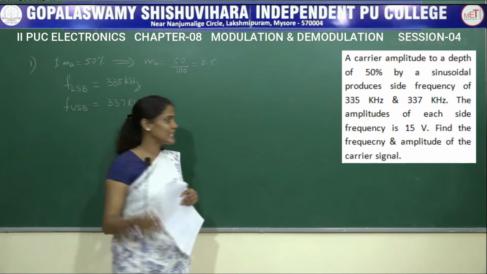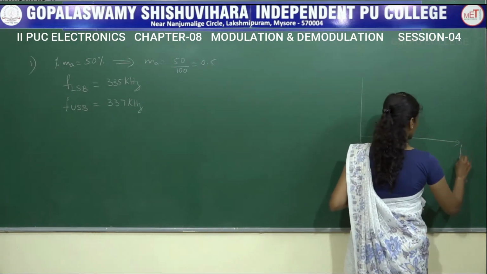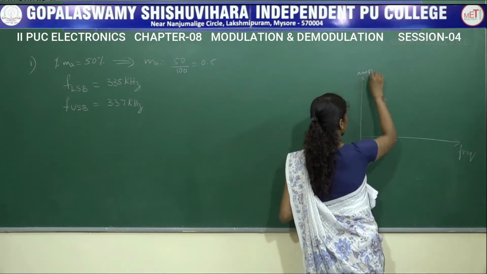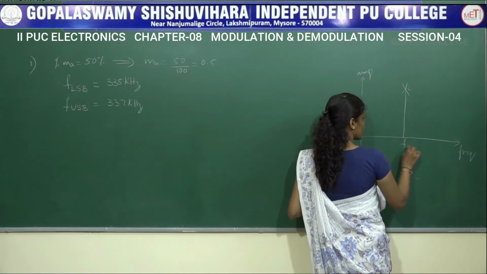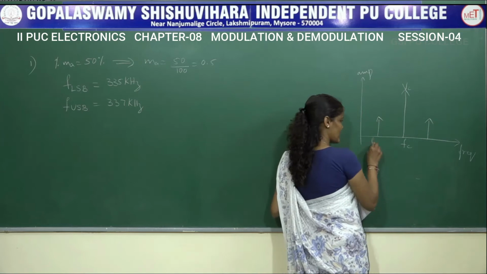The amplitude of each side frequency is what they are talking about. This is the frequency and this is the amplitude. Here I am having an amplitude of VC whose frequency is FC, and here we will be having two sideband signals.